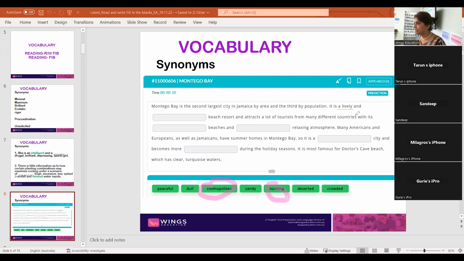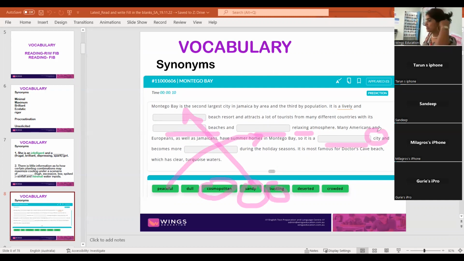Now here it says with some sandy beaches. And what word should come here with relaxing? Yes, here is where peaceful comes. So it is a some city. What is the collocation? Sandeep, open up your mic and tell me what collocations mean.